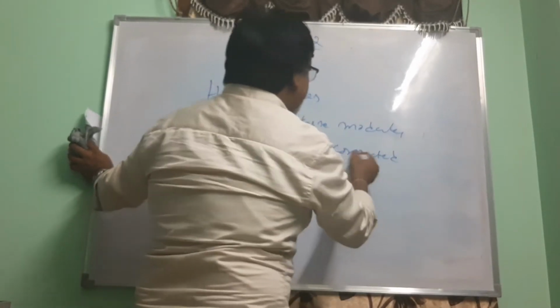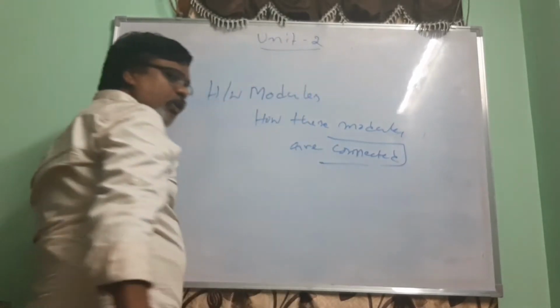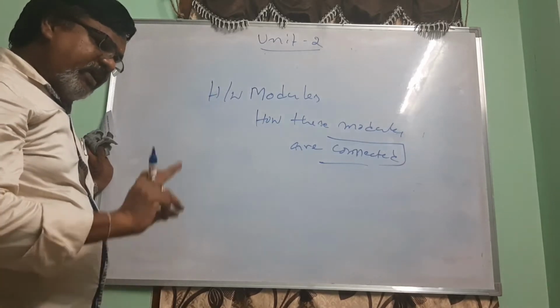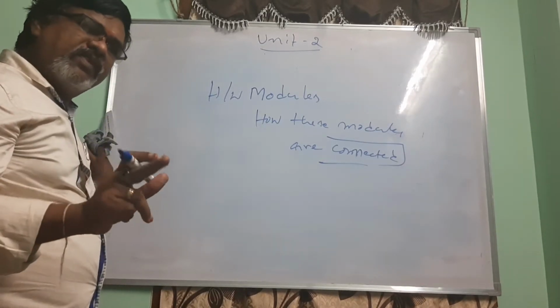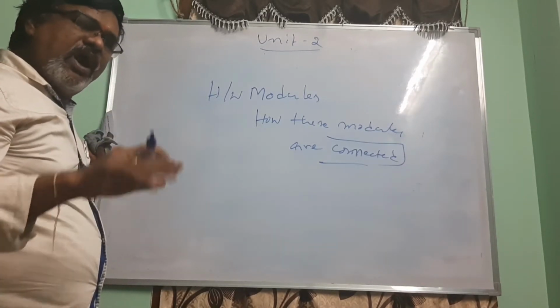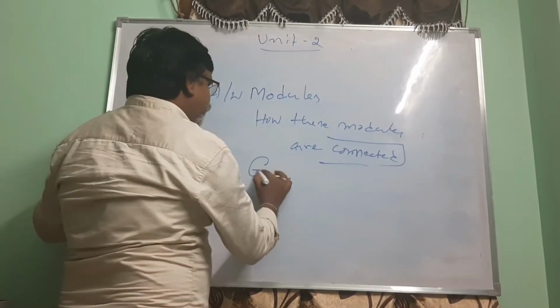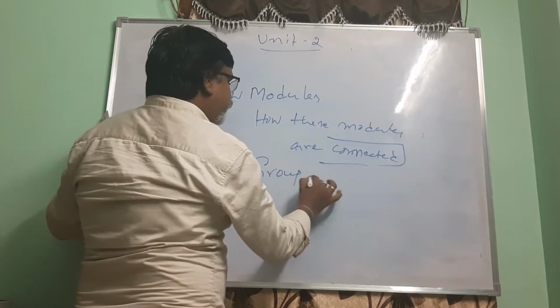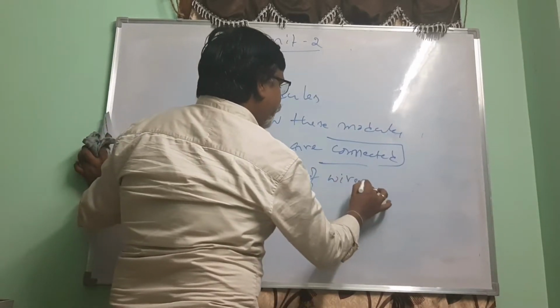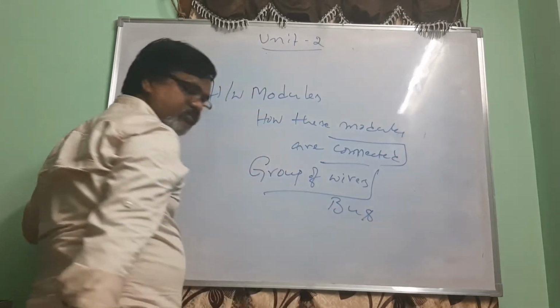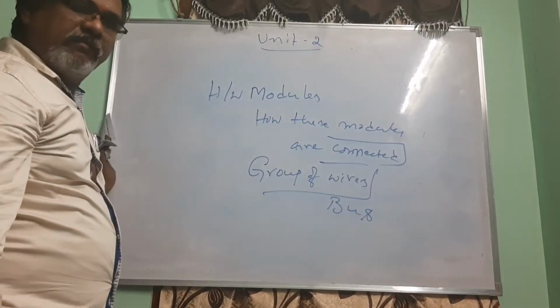Now you can answer the moment I use the word connected. As we discussed, the various parts of a computer are connected with each other with the help of a certain group of wires. These wires are called the bus structure.